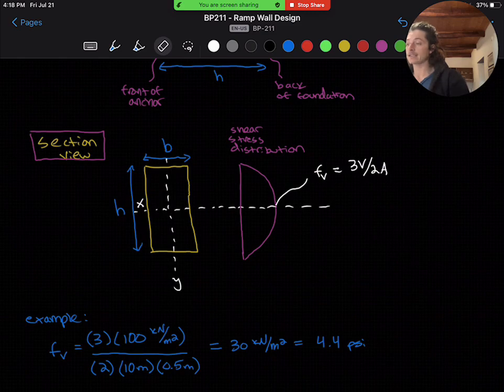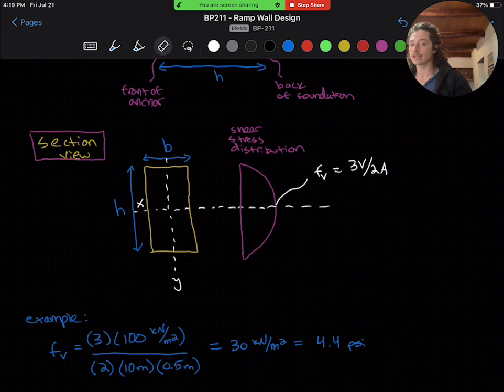Notice the area is different in this calculation. You will notice this area is different compared to when we talk about flexural stress in the future calculations. Instead of how we usually would take the area of a beam section resisting shear, the load is rotated 90 degrees, and the ramp wall is actually kind of acting as a deep beam.